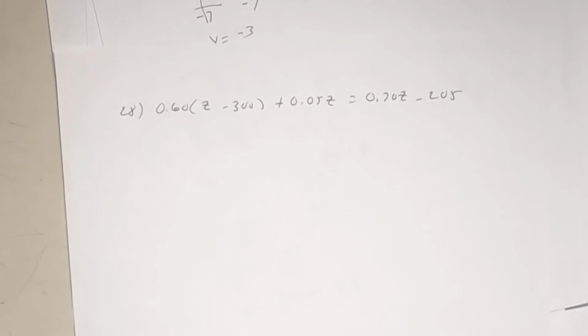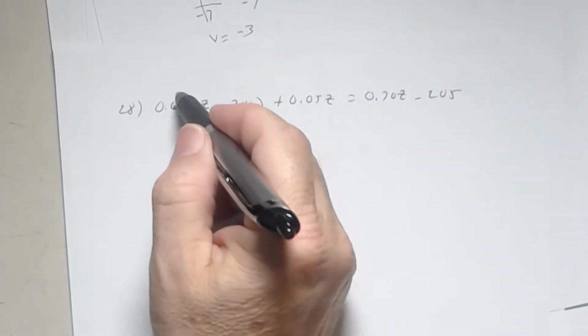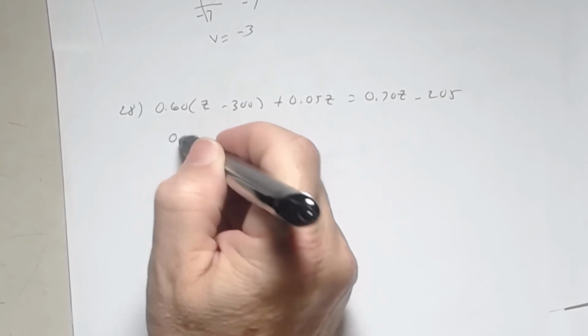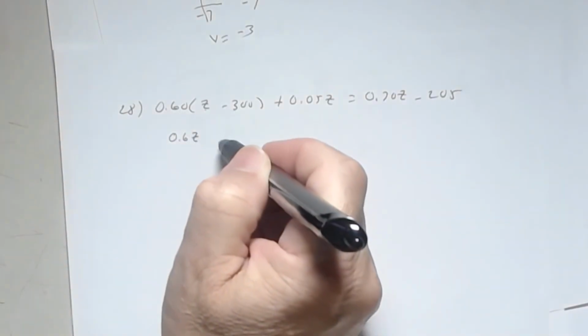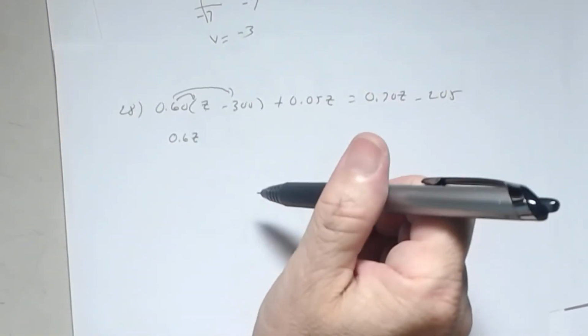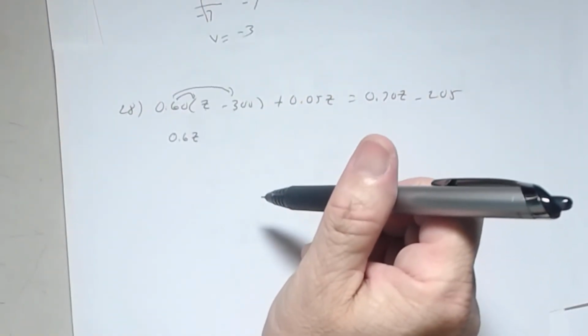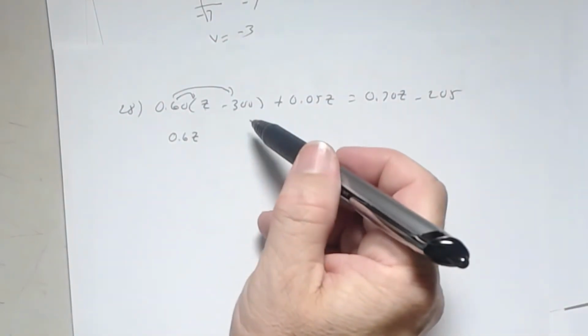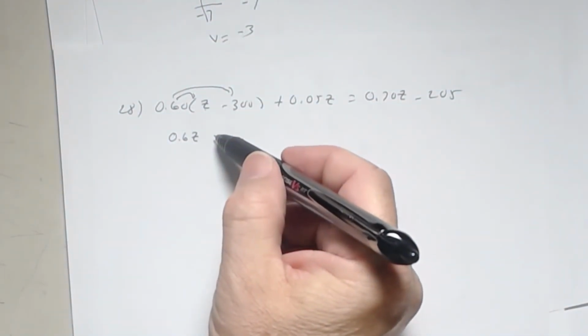All right, so we're going to use the distributive property. So 0.6 times z is 0.6z, right? Now, what's 0.6 times 300? Really, it's 6 tenths. I keep saying 0.6, but it's 6 tenths. So what's 6 tenths times 300 on your calculator?